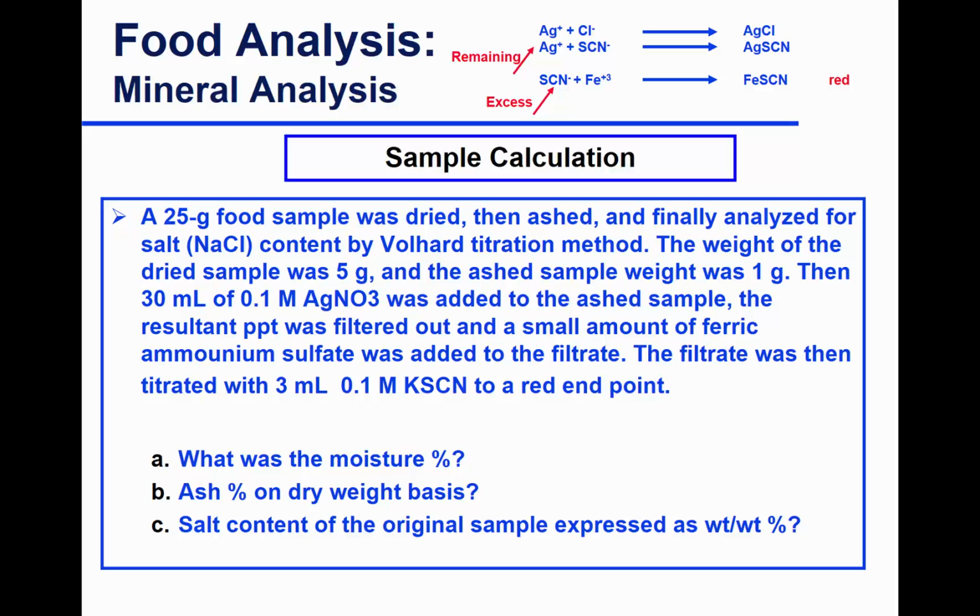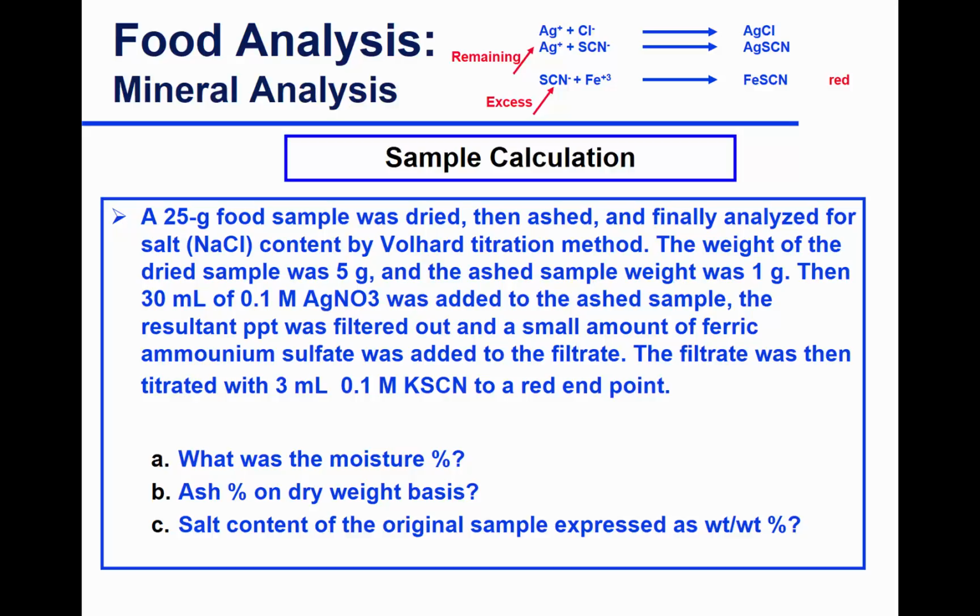So basically 0.1 mole in 1,000 times 30 milliliters. What do you get? 0.003? Yeah, just 2 zeros. Okay.